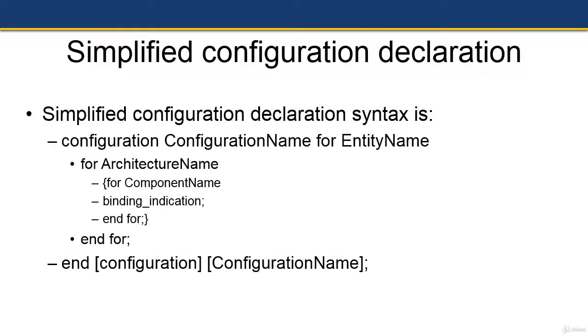Here's the syntax for a simplified configuration declaration. Configuration name for a specific entity name, for architecture name, and then we have one or more for component name, binding indication, and we'll talk about that in the next slide, end for, followed by end configuration name.